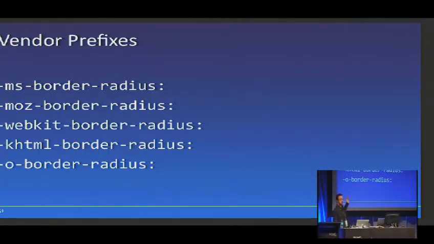The first one represents Microsoft, obviously, so your IE browsers. Probably, I think from IE7 upwards, you can use that prefix. Moz for Mozilla, WebKit for all your WebKit browsers, KHTML for your Linux users using the Konqueror browser, and O is for Opera.